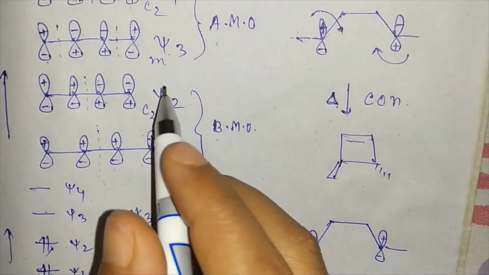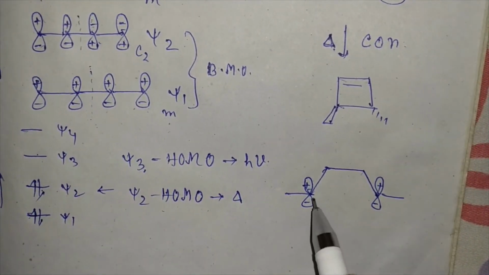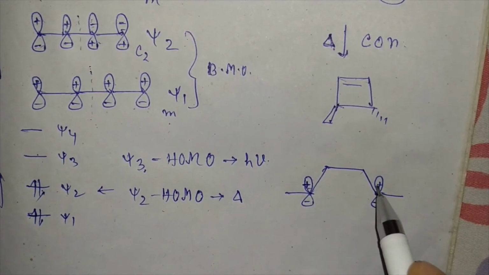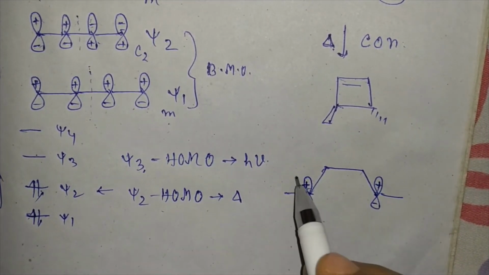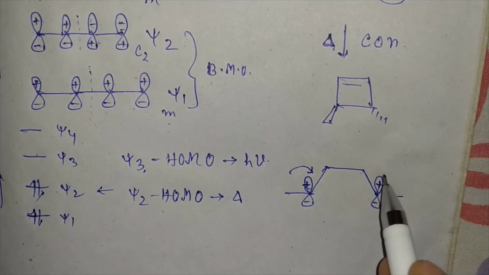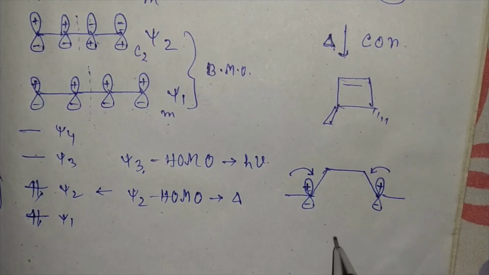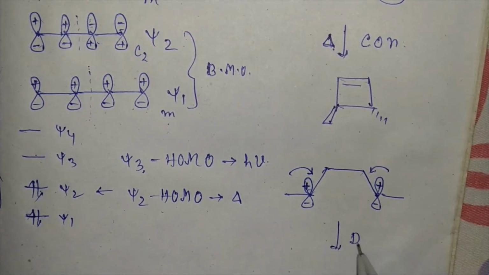This has mirror symmetry. So if bonding interaction has to occur, then same sign has to overlap. So if one rotates in clockwise direction, the other has to rotate in anti-clockwise direction for bonding interaction. So this type of rotation is called disrotation.